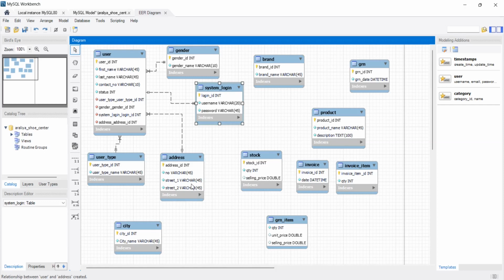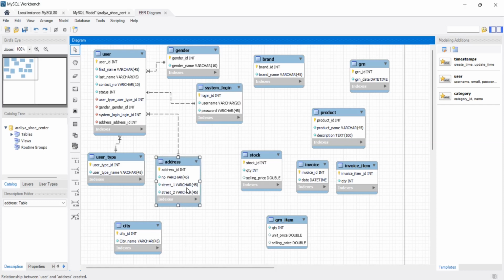So if we consider a single address, it can have only one city, while a city can have many addresses. So it is a one-to-many relationship. Many side should go to address.